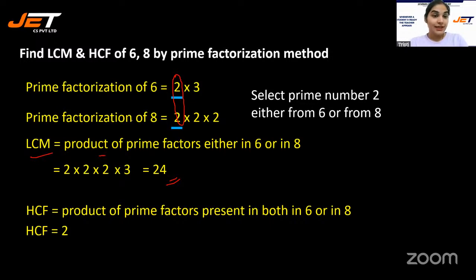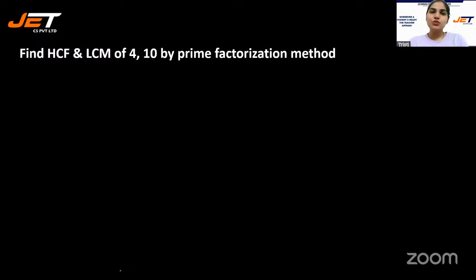So children, that's all we are going to do today. So the explanation part is over. Now what we are going to do is practice this. But before I give you the practice questions, let's do one more question. If I do the prime factorization of 4, I'll do it as 2 times 2.